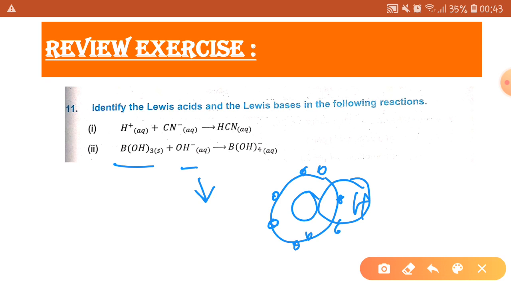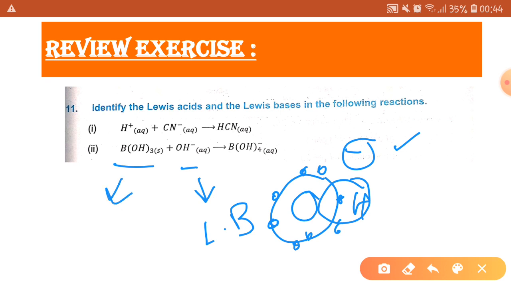Since there is more than one lone pair of electrons on the oxygen atom, and since it carries a negative charge, and since the octet of the oxygen atom has been completed, therefore OH negative acts as a Lewis base here.